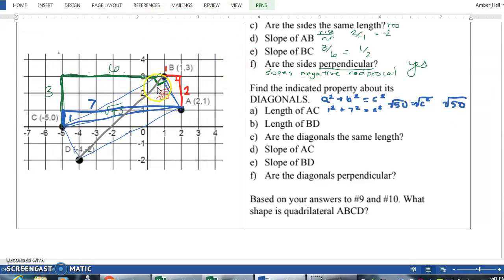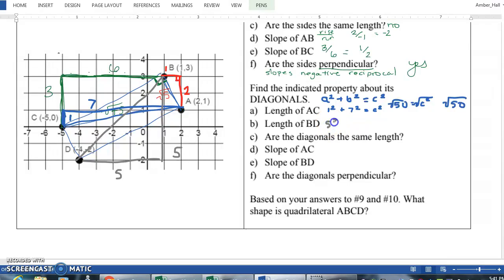Next, we can do the same thing for BD. So I'm just going to create my right triangle. This side is 1, 2, 3, 4, 5 units. This side is 1, 2, 3, 4, 5 units as well. And we can use the Pythagorean theorem again.